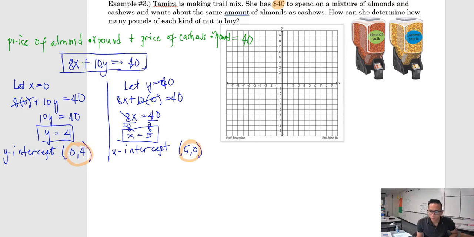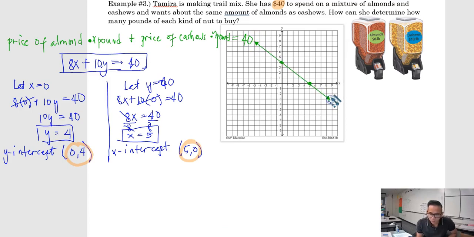You just plot the points. We have 0, 4. It's here. That's the first point. And then we have 5, 0. It's decreasing, the slope is decreasing. Then I'm going to draw a line based on those points. Connect those.